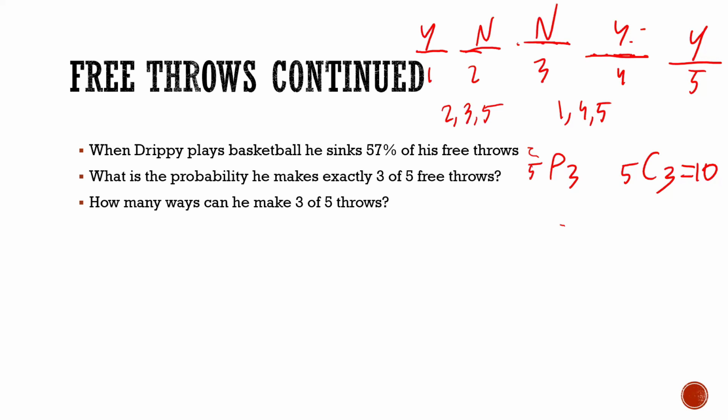Think about it: I could have 5 index cards in a little bag with the numbers 1, 2, 3, 4, and 5 on them. I could pull out 3 of those index cards. Those 3 numbers would correspond to a specific shot order that are made, 3 of the 5.